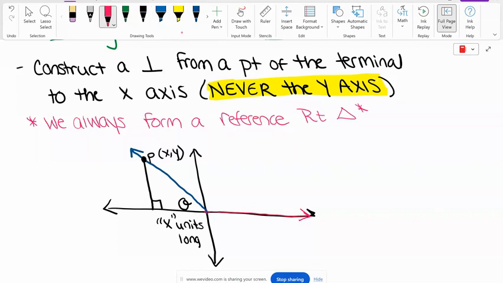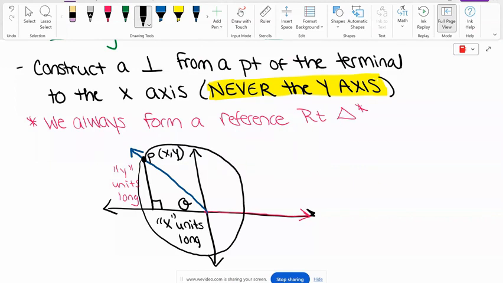The vertical side will be y units long. And really, what you're envisioning is that this triangle is part of some circle, some unit circle.